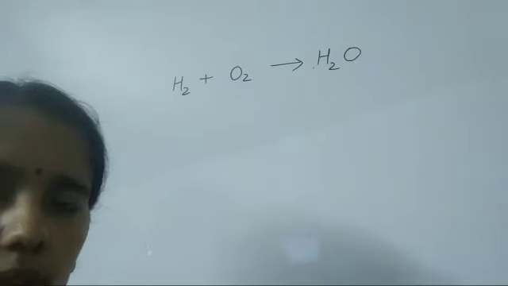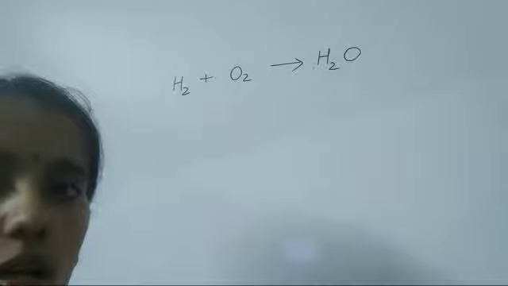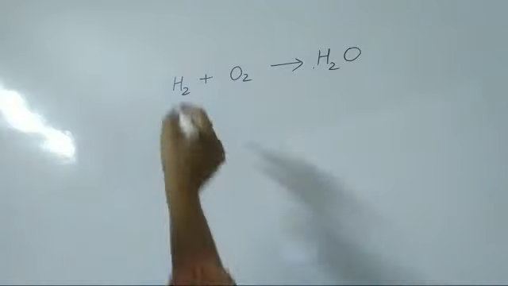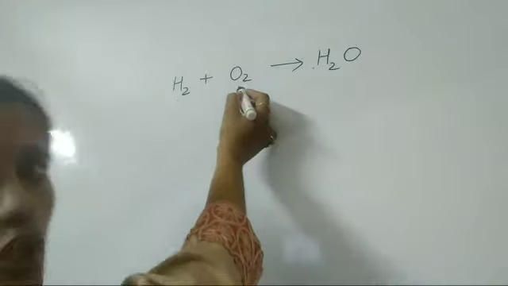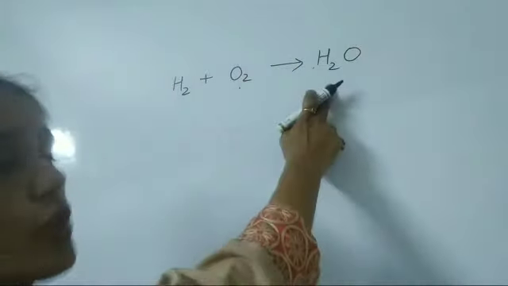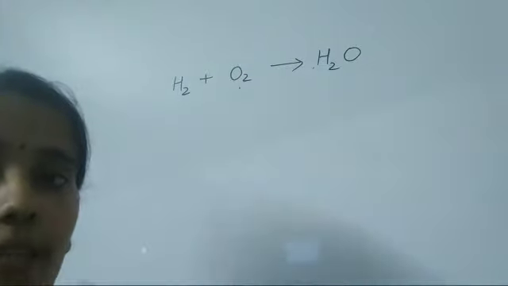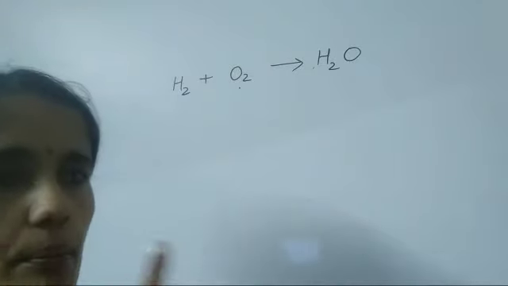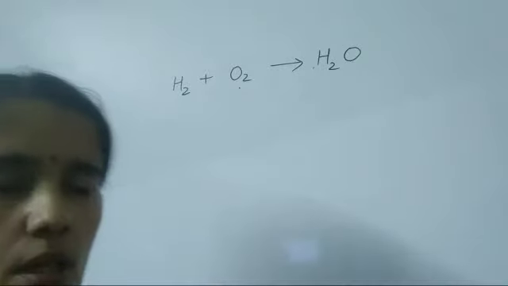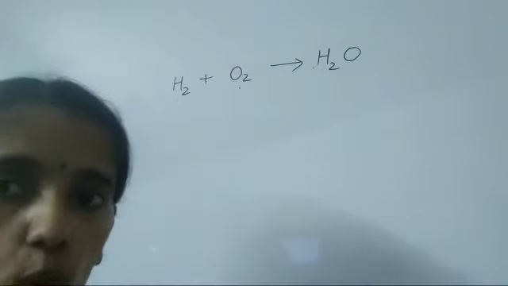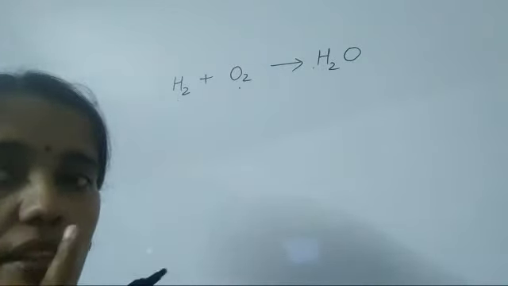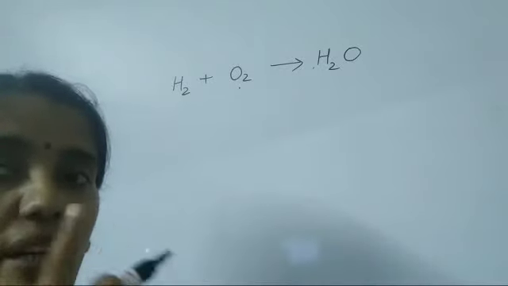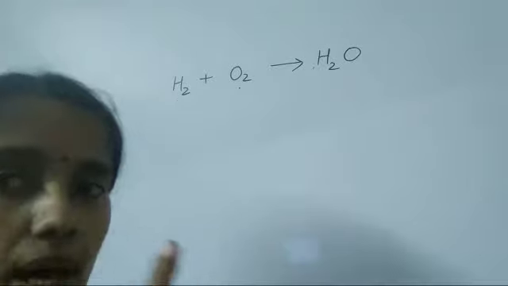Let us study the example of the law of constant or definite proportion. Whenever hydrogen and oxygen combine to form water, they always combine in a fixed ratio. Whatever be the method of preparation, whatever the source of water, the ratio of hydrogen and oxygen will be fixed by mass.